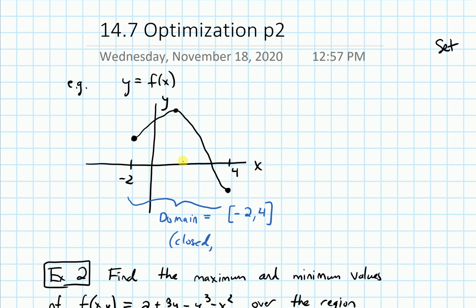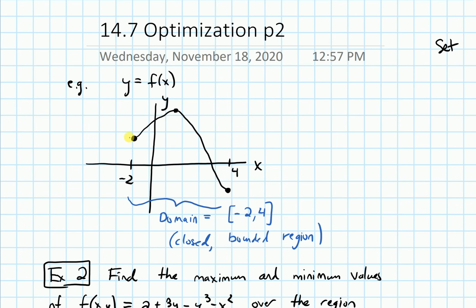It's closed because it contains these endpoints, and the endpoints are the boundary of this interval. Okay, it's also bounded, because the domain doesn't go off to infinity on the right-hand side, and it doesn't go off to negative infinity on the left side either. So this is a closed and bounded region.